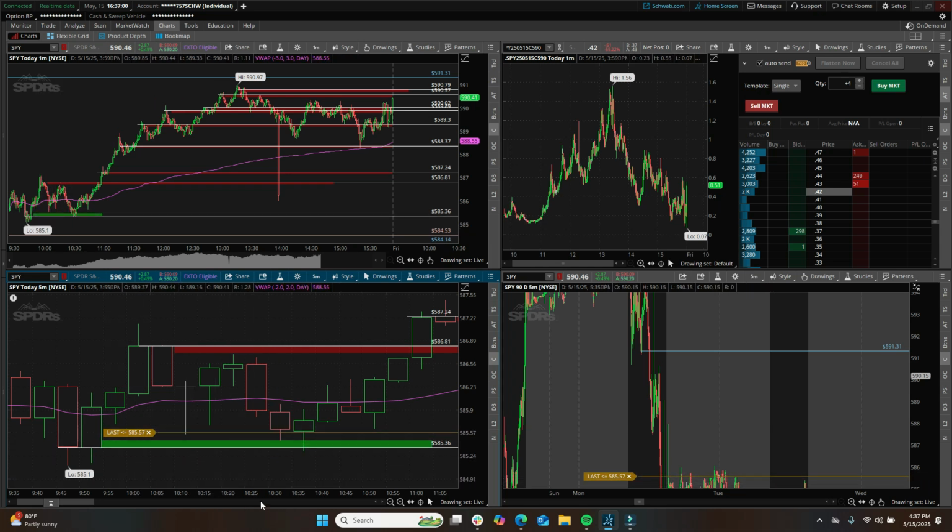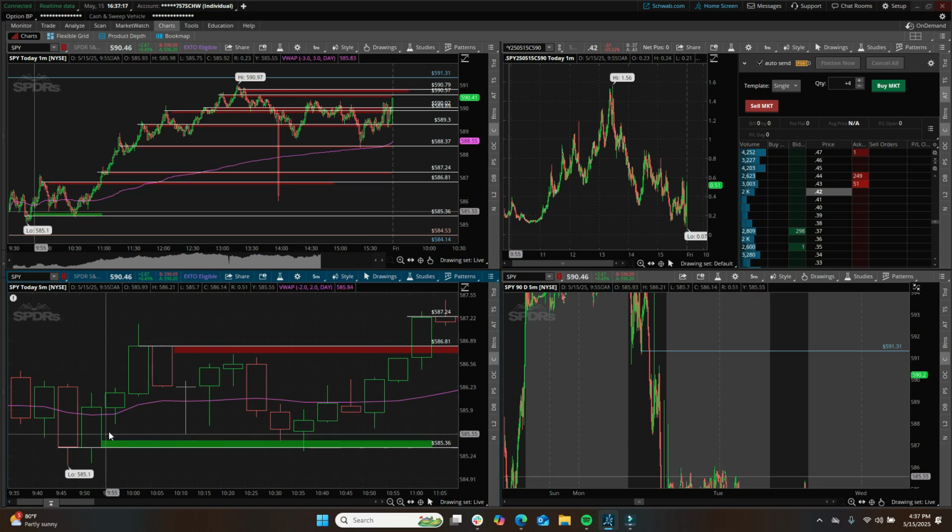Actually, it looks like I came a little bit early. I came before this candle, so it may have been 10:15 when I actually came to the chart to draw the major supply zone and the major demand zone.